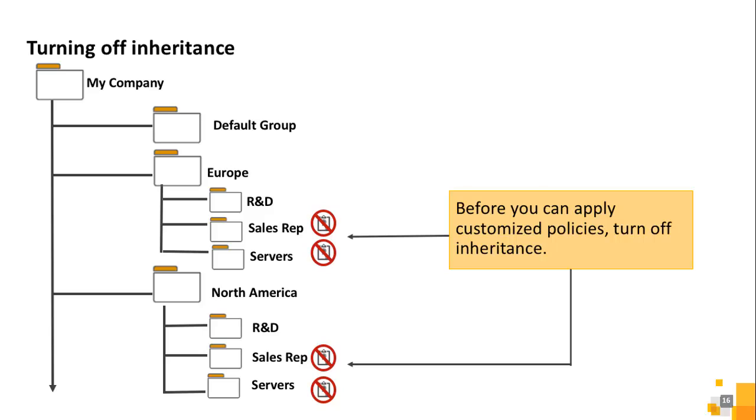In this example, the sales rep and servers group are no longer inheriting policies and settings from the Europe group, so custom configurations can be applied to the clients in the two groups, including custom locations. The Europe and North America groups continue to inherit their configurations from the My Company group, and the R&D groups continue to inherit their configuration from the Europe and North America group.